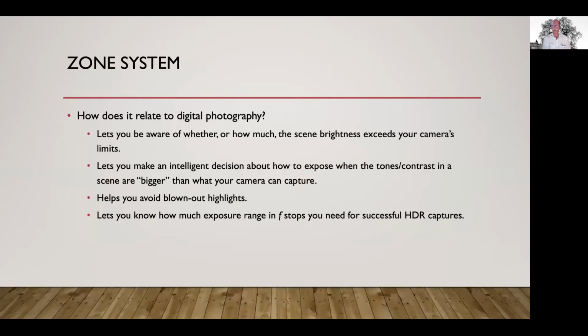And it lets you avoid blowouts in highlights and losing any of the detail that you might find in your blacks or your shadows. So it lets you know how much exposure range in f-stops you need to successfully do an HDR capture. In other words, a high dynamic range capture.